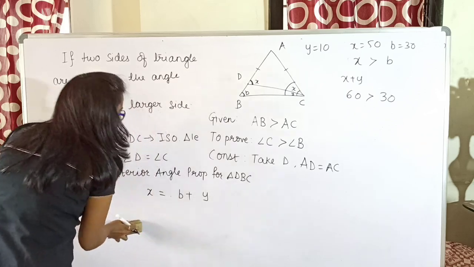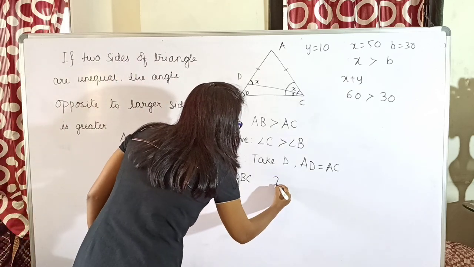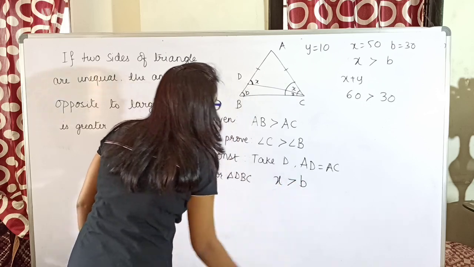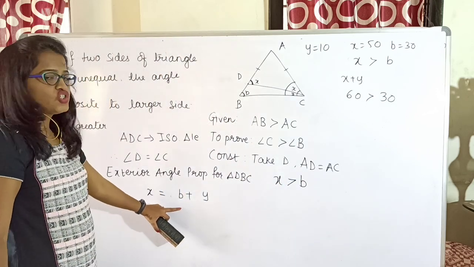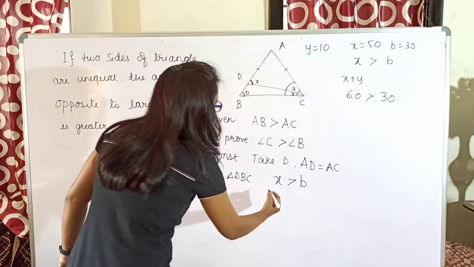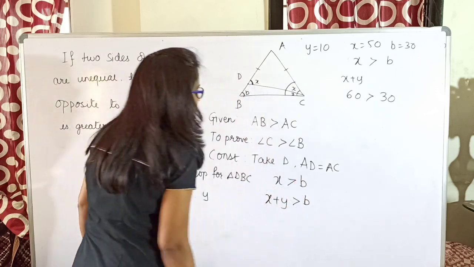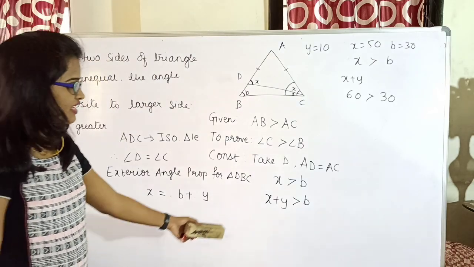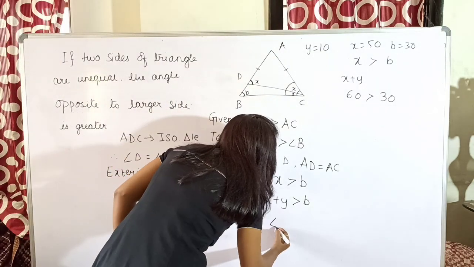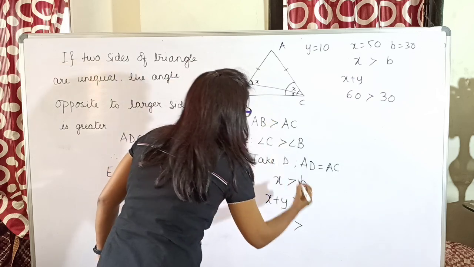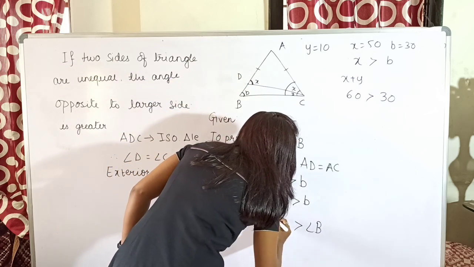Why? Because by exterior angle property, x is greater than b, because x is addition of b plus y. If I add y to x, again the value will get big. Hence x plus y will be greater than b. But x plus y is actually which angle? It is angle C. Whereas b is which angle? It is angle b. Yes.